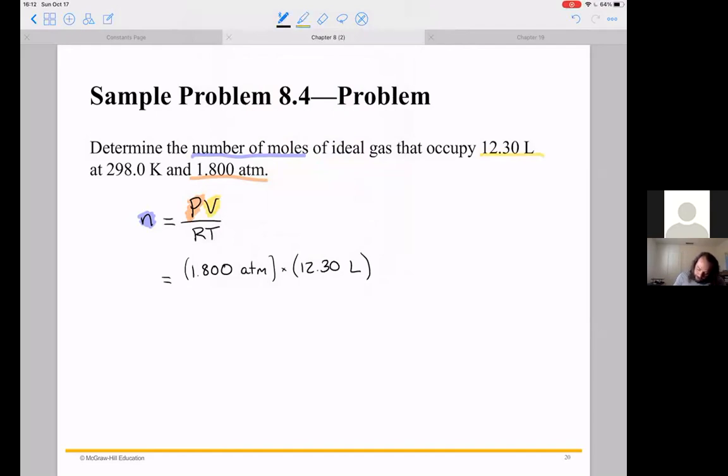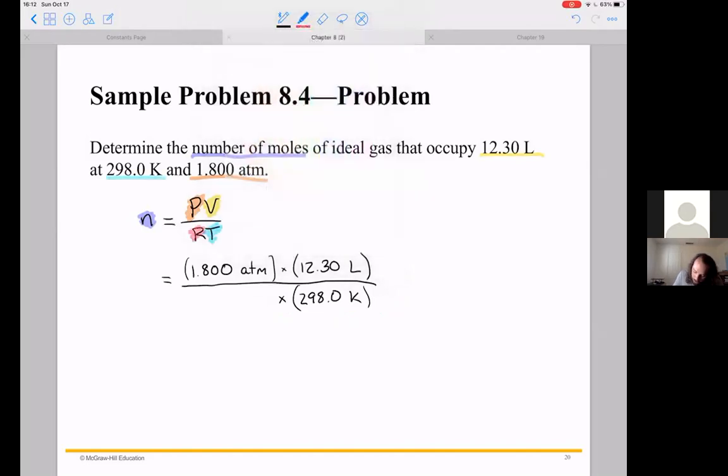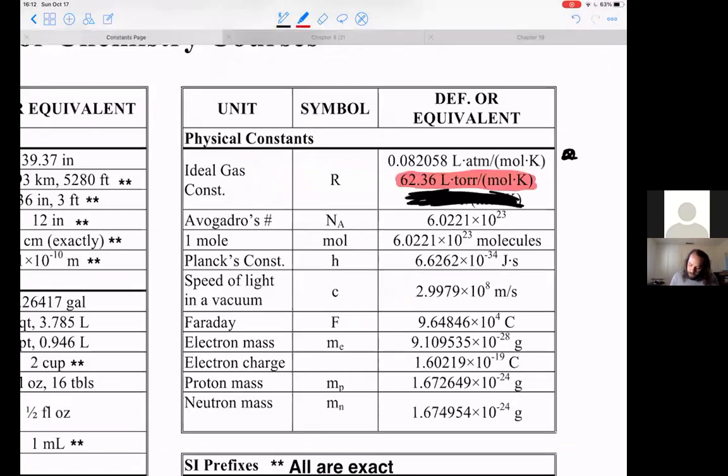And here, actually, the temperature is given in Kelvin, so I don't have to do any other work with that, which is nice. 298.0 Kelvin times R. So I want you to take a look at our constants page real quick and tell me which value of R you should use. Which value of R would be the correct one on our constants page here?